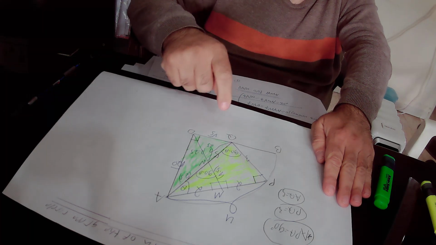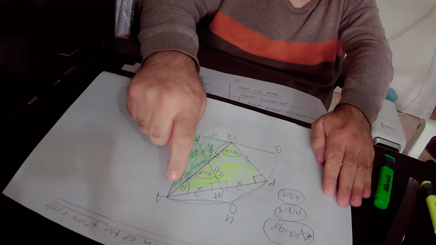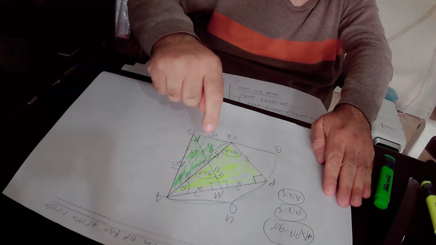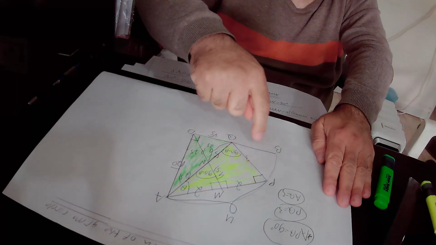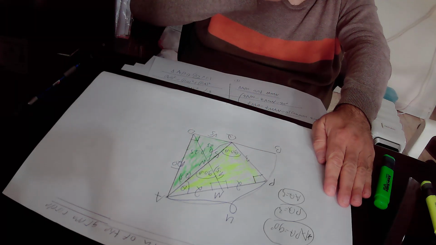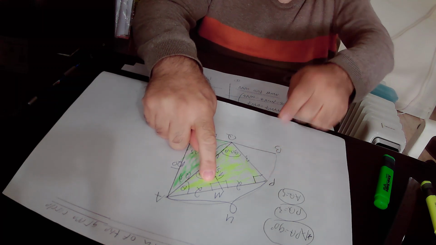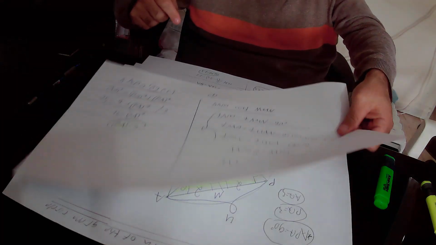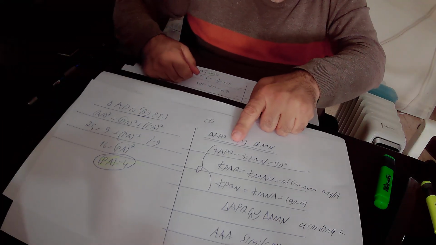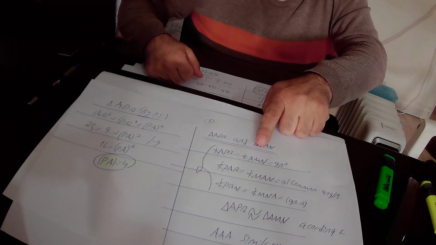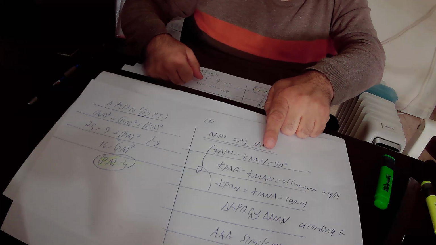Then we actually proved that the small right triangle AMN is similar to the big right triangle APQ. Why are those two right triangles similar to each other? First of all, those two angles are both equal to 90 degrees, therefore they are equal to each other. Angle APQ in the big triangle equals angle AMN in the small triangle.